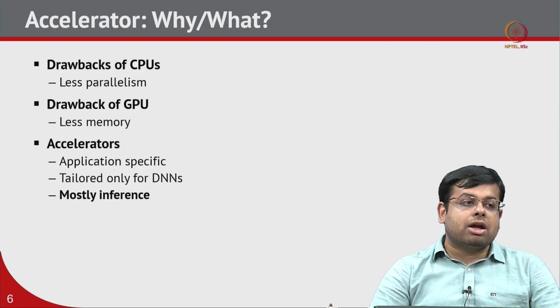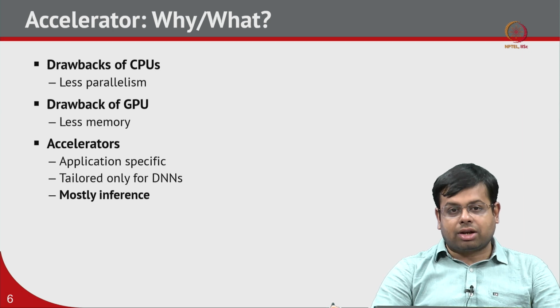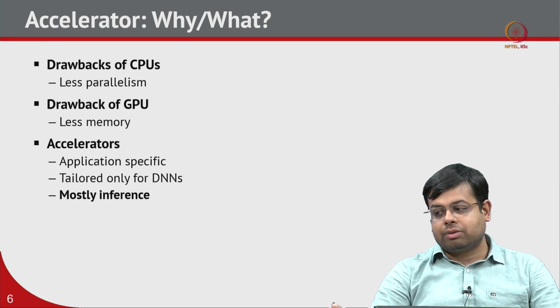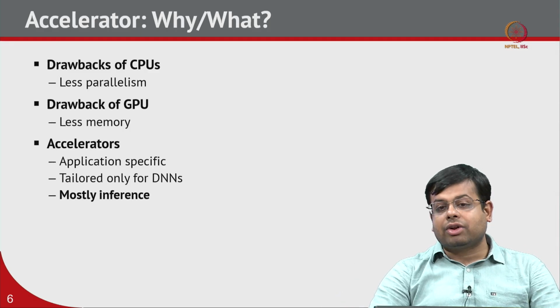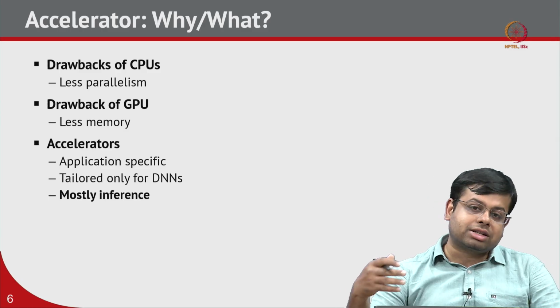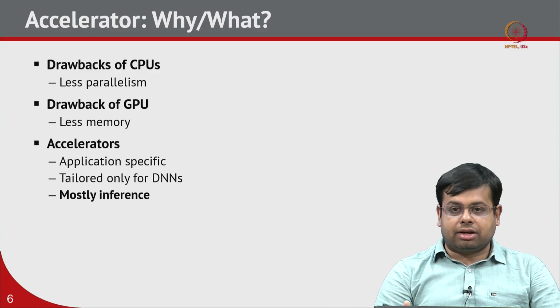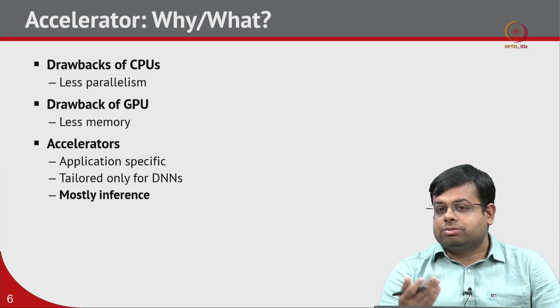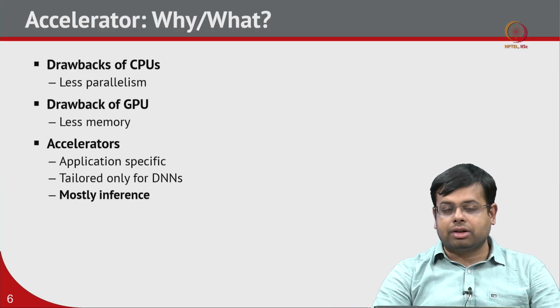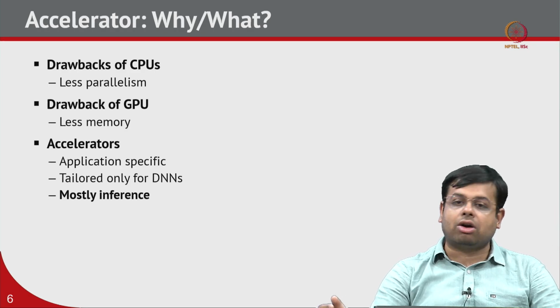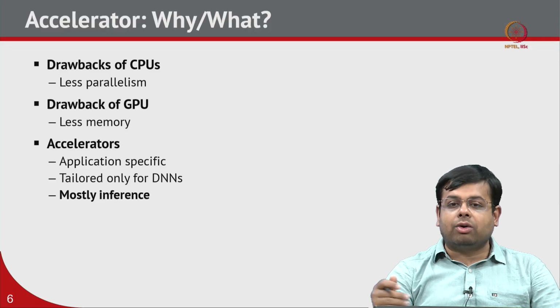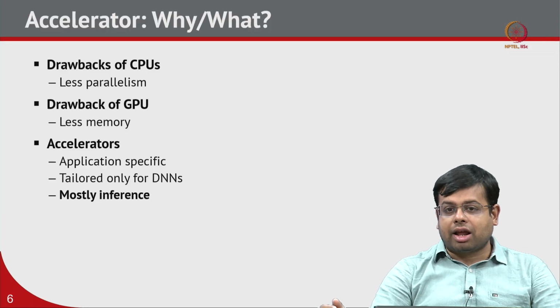because the idea is that we can always train once, we can always use a GPU to train the DNN algorithm once, and then use the accelerator for inference, because remember, inference is the operation which gets used again and again, right. Let us say in your phone you use Siri or Gemini or whatever. Internally there can be an accelerator which is performing the computation. Or let us not talk about Siri or Gemini. Whenever you have a little high end phone, there is definitely an image processing unit, which is also an accelerator, right.